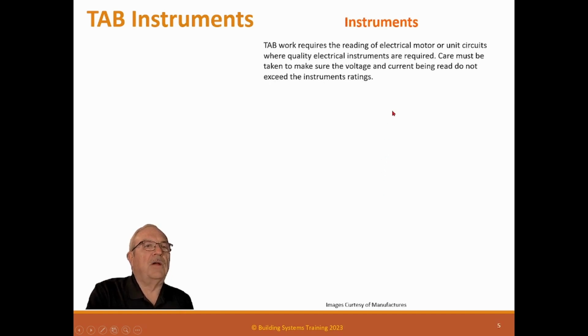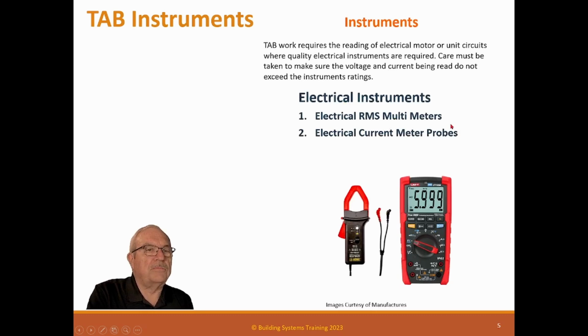Then we require readings for electrical motor or unit data. There are different kinds of electrical instruments required, but most of them are true RMS meters. RMS means root mean square, and these include multimeters and electrical current meter probes. What RMS tells you is that the meter is reading the area under the curve and not just the curve itself. The reason is that some of the electronic gear we have can distort the sine wave, and if you don't have a true RMS meter, it'll give you the wrong reading.